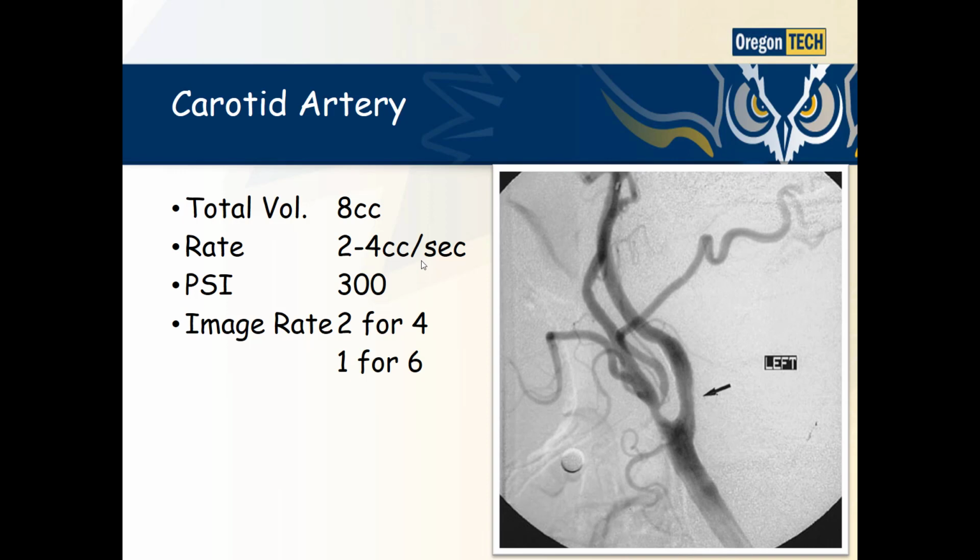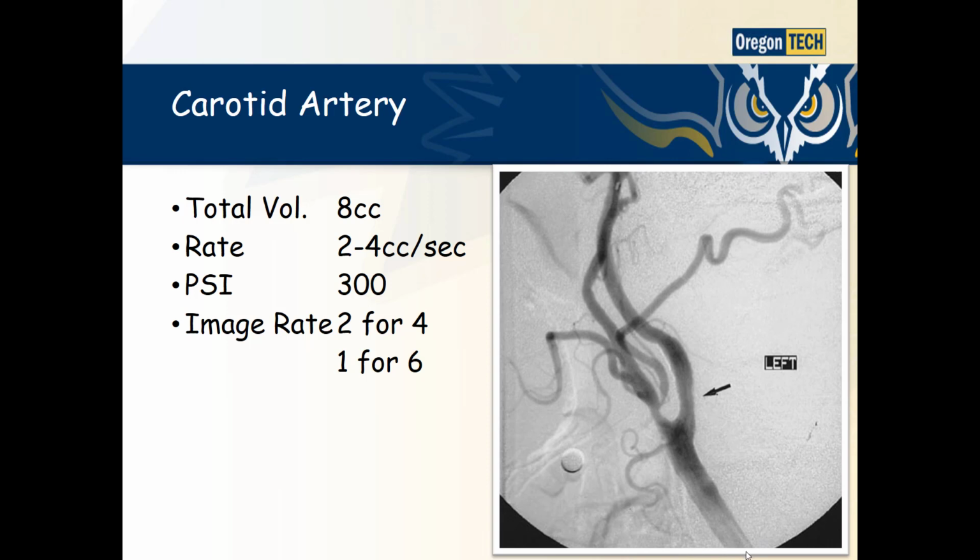You're going to see as we get larger vessels, we're going to give a higher flow rate. The pressure is going to be set at no more than 300 psi. And then the image rate, this 2 for 4, is two images a second for a total of 4 seconds. And then it's going to go to 1 per second for 6 more seconds.